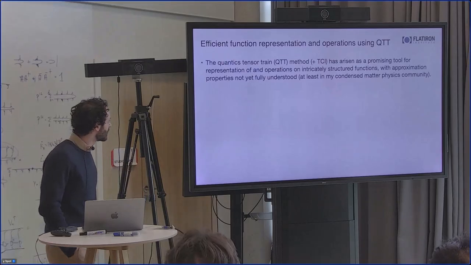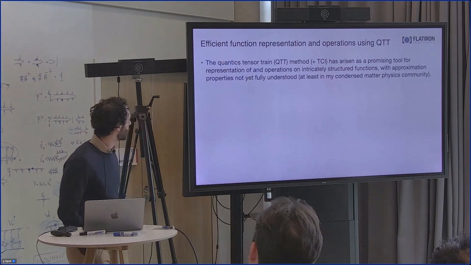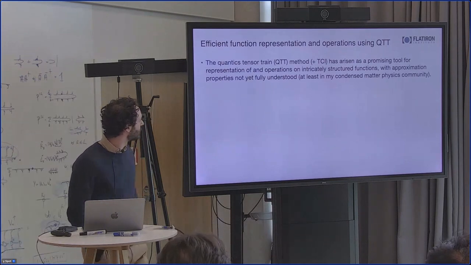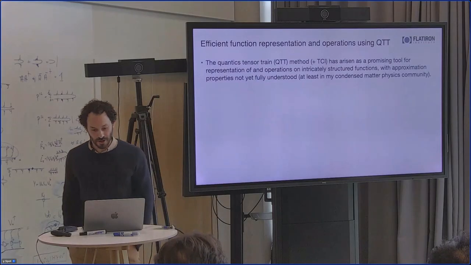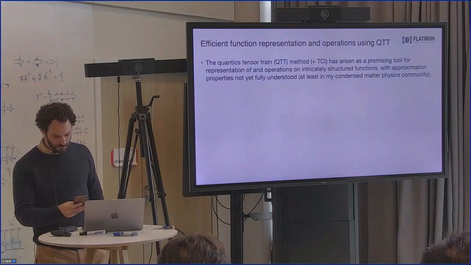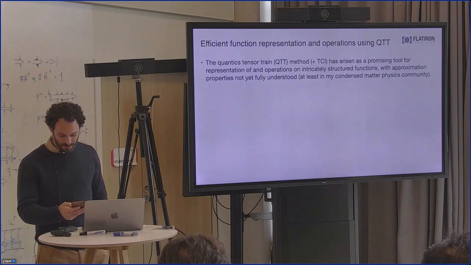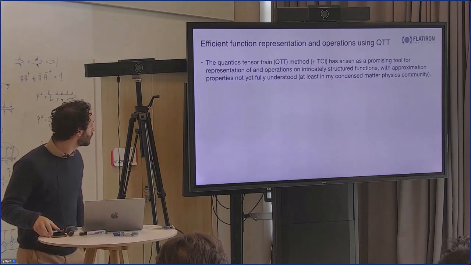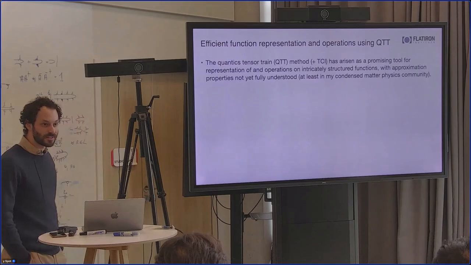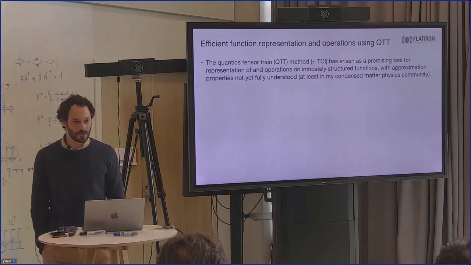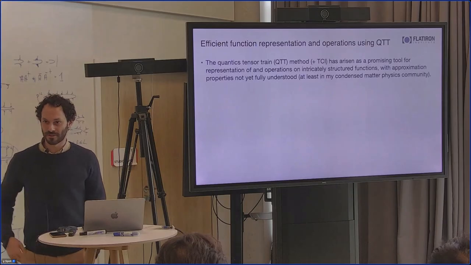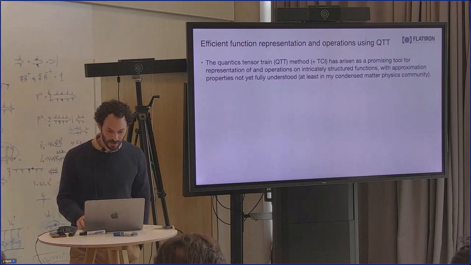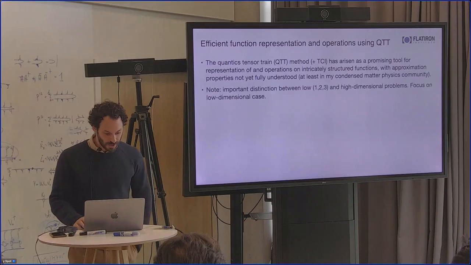But I would say, at least in the corner of the world that I'm coming from, the properties of this tool are not yet fully understood, in the sense of the advantages and disadvantages compared to other state-of-the-art methods, and whether there are problems that QTT can truly address that we don't have other methods for, and so on.